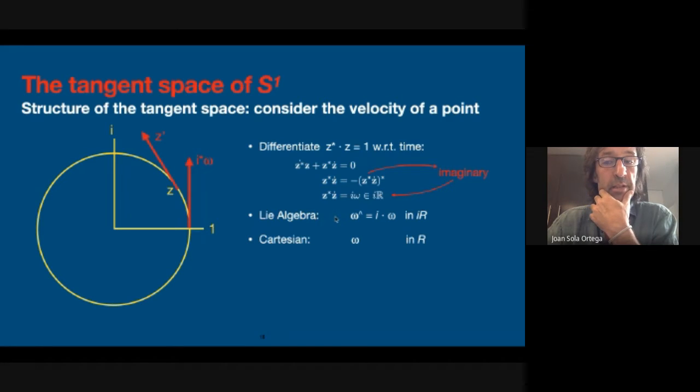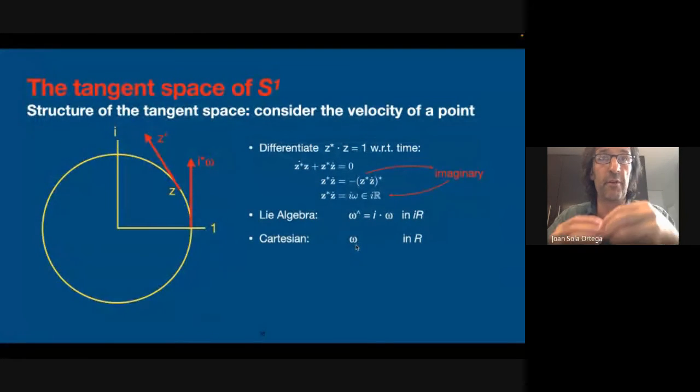Okay, so the tangent space can be defined or represented in two equivalent forms. One is the Lie algebra, which is usually a little bit weird. In this case, it's imaginary, but in other groups, you will find other kinds of constructions. But because it's a linear space, you define the base, and then you define the coordinates of any vector expressed in this base, and you put these coordinates in the form of a vector.